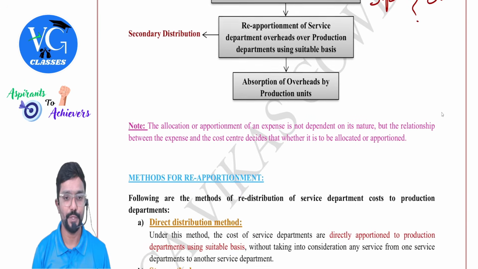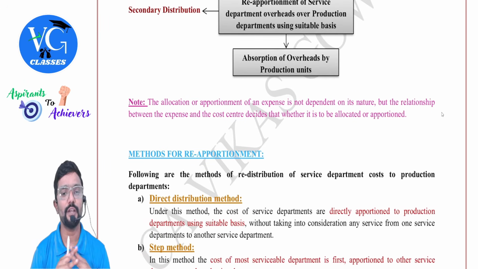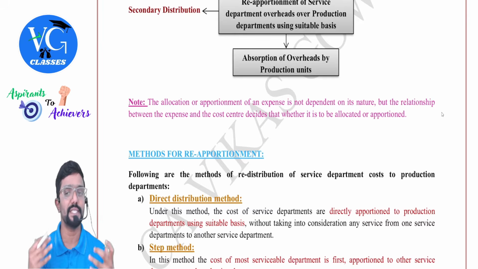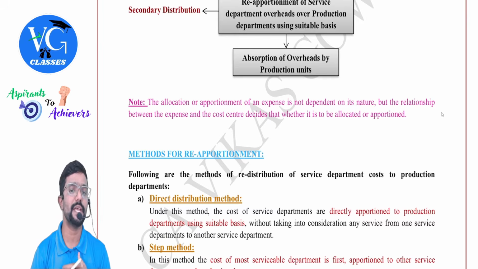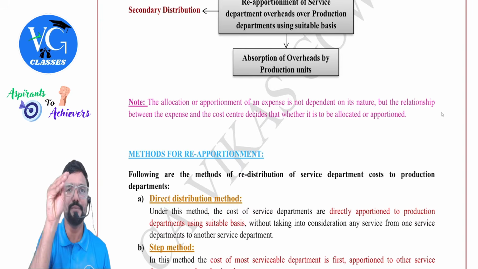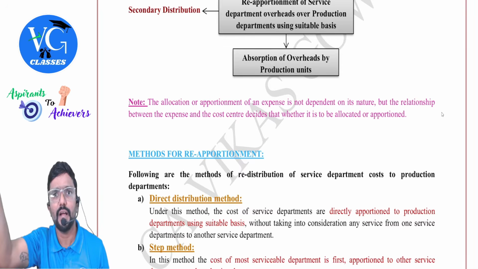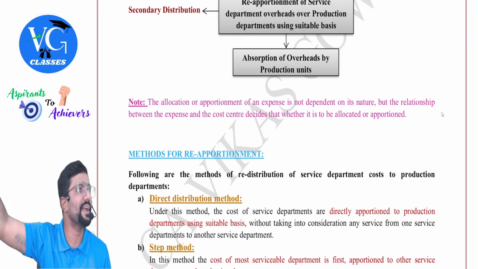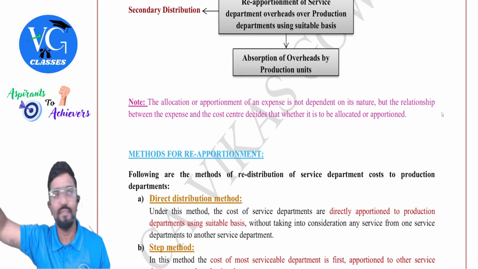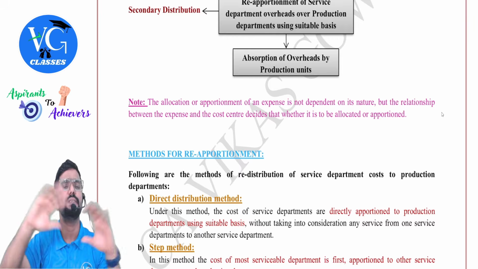Okay, sir. The allocation or apportionment of an expense is not dependent on its nature, but the relationship between the expense and the cost center decides whether it is to be allocated or apportioned. Simple. If there is an expense incurred for a particular department, I know for which department how much. Allocate it. No, sir, I have incurred it for all the departments put together. For example, simple, guys.